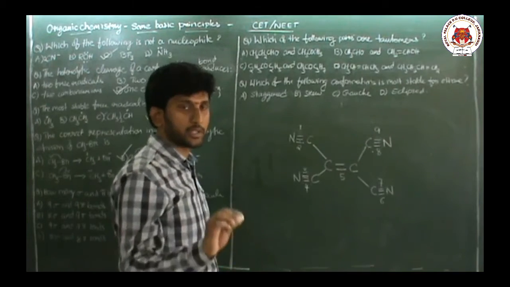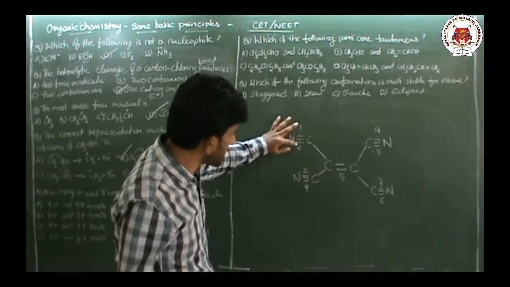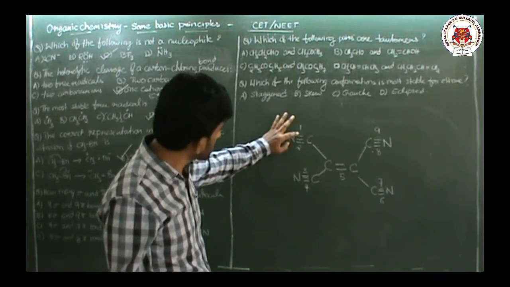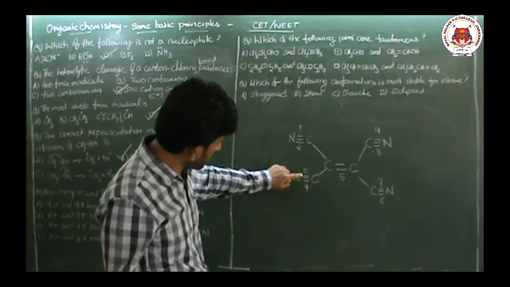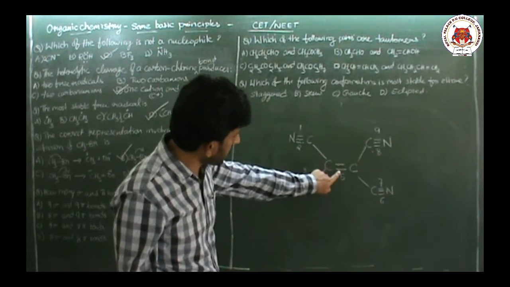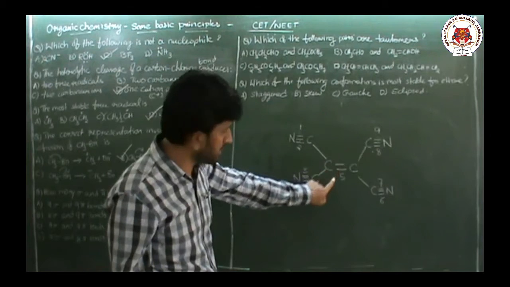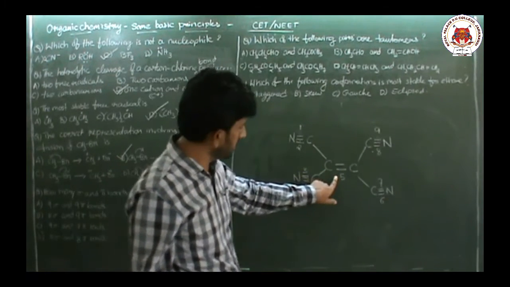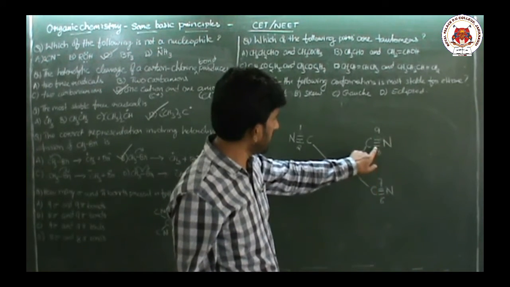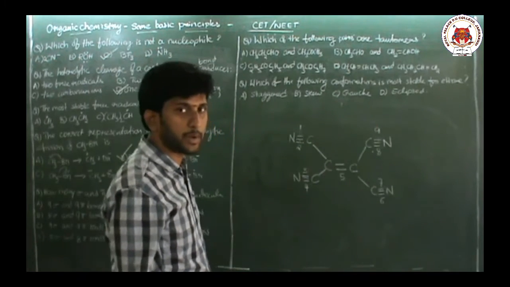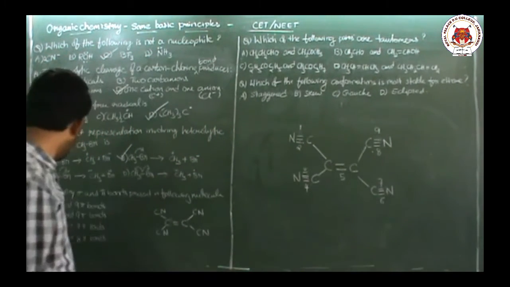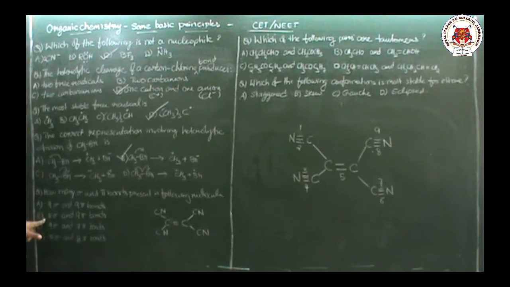Totally 9 pi bonds. 9 pi bonds is given in option 1 and option 2.